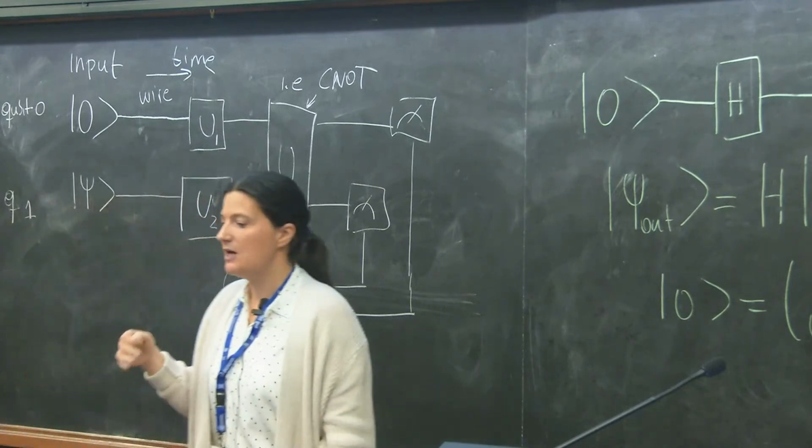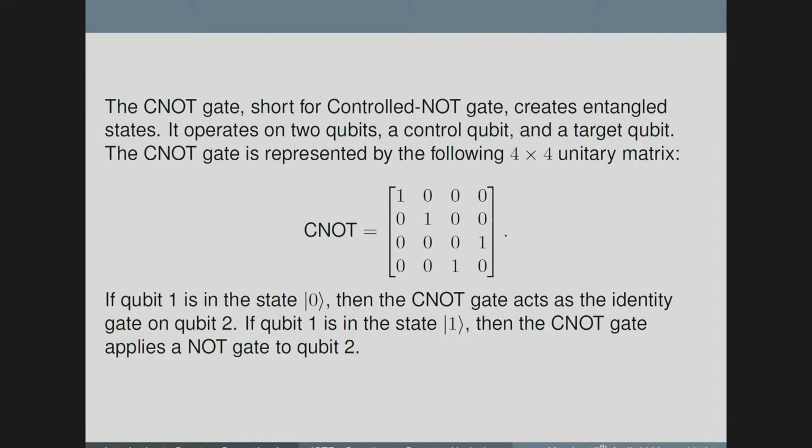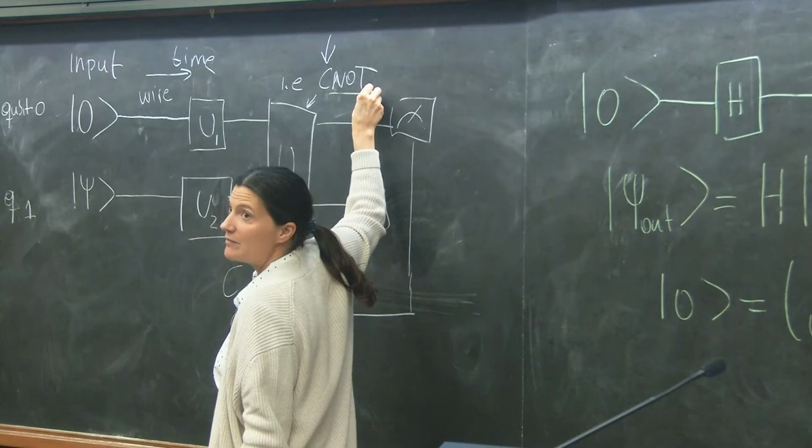In this case, if your qubit 1, which is your initial qubit, right, is in state 0, then a CNOT gate acts as the identity gate on qubit 2. If qubit 1 is in state 1, the CNOT gate applies a NOT gate to qubit 2, right? So it flips it. So again, sometimes you can actually see it called controlled NOT. That's what that means, right?